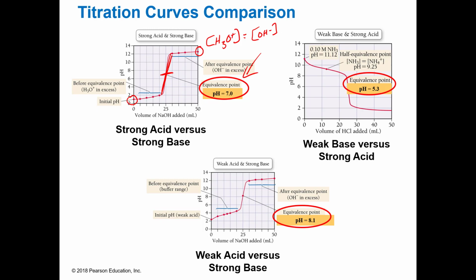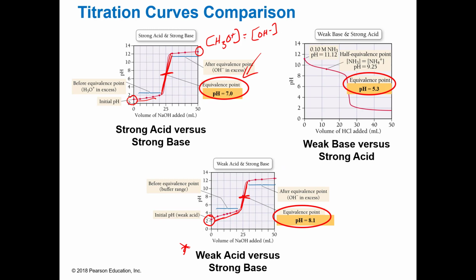If you have a weak base, or let me do this one first, if you have a weak acid and a strong base, notice that your weak acid is going to start a little bit higher, usually, than close to 0. The angle is going to be a little less pronounced, as opposed to this one, which is a little flatter. Your straight area is a little smaller usually, so you don't have that real long one.